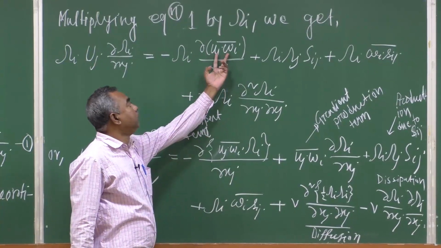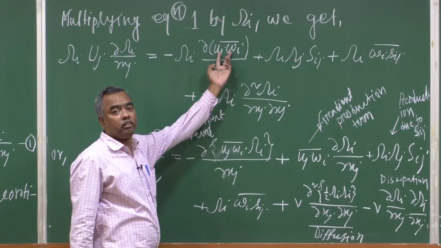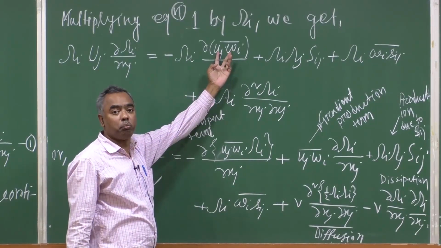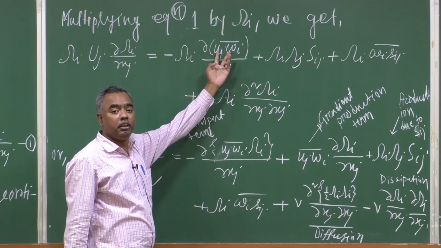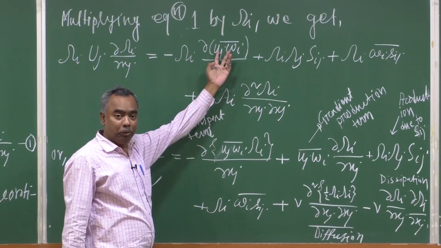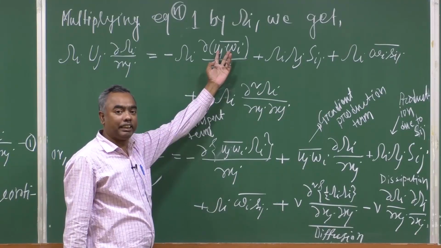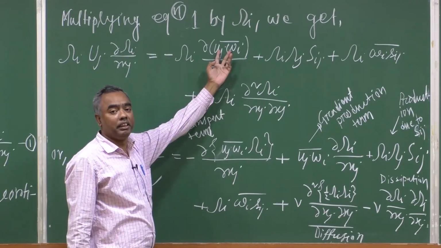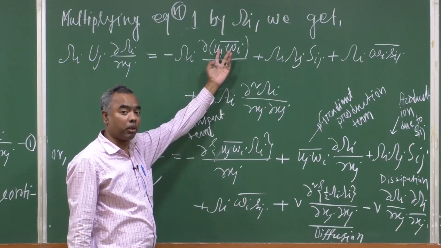What is the order of magnitude of this term? This u_j omega_i, we found in the equation of motion, and we showed that it can be expressed in terms of gradient of Reynolds stress.